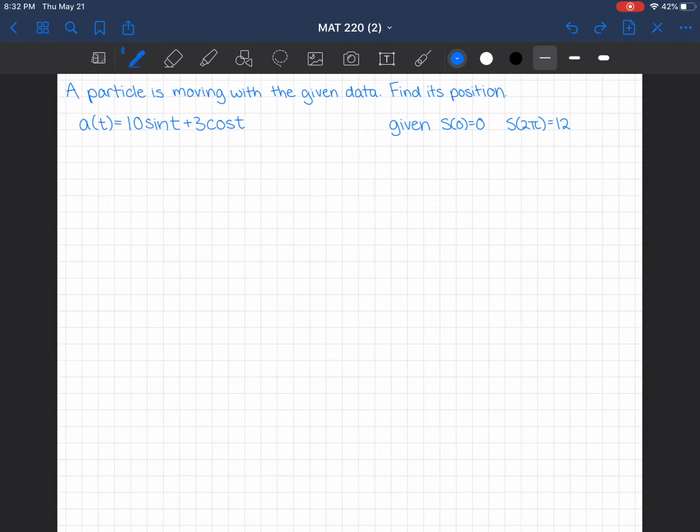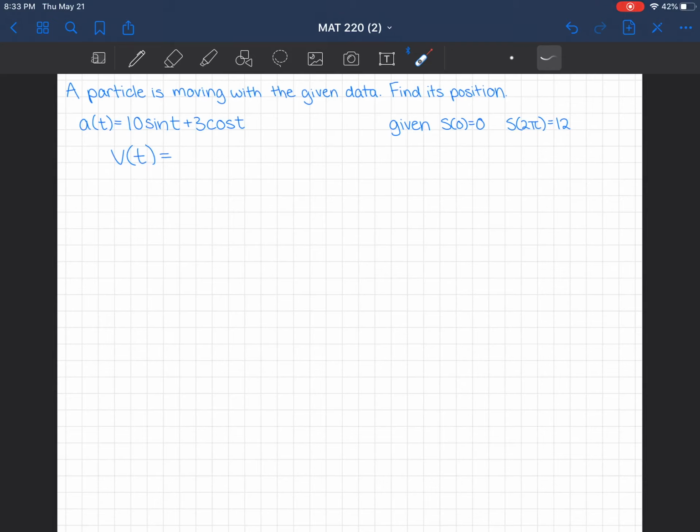So first, we'll start by taking the antiderivative of that acceleration function, and that's going to give us our velocity. Here we'll start with our first term, which is the 10 sine t.